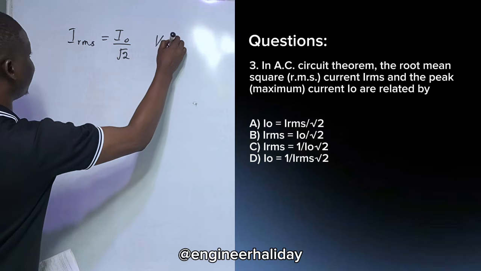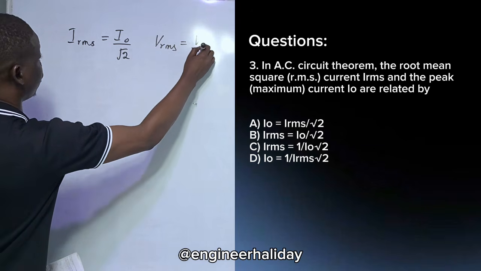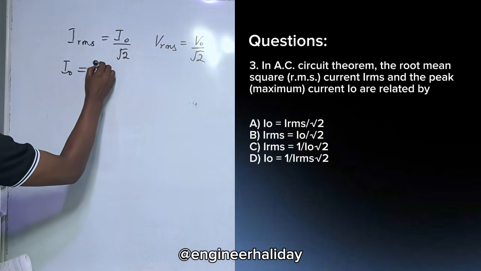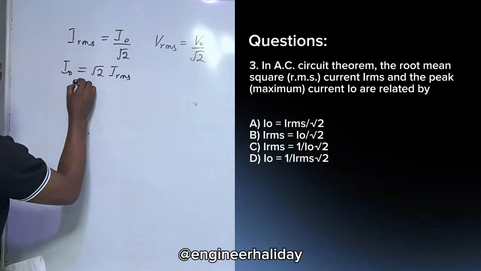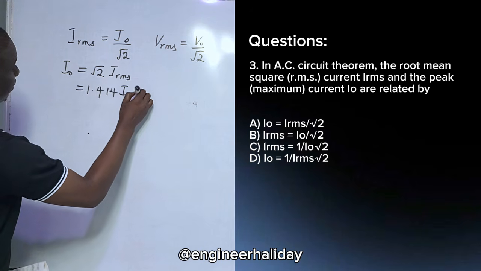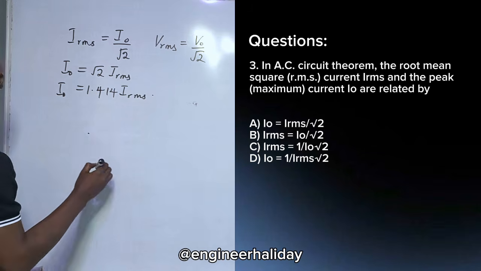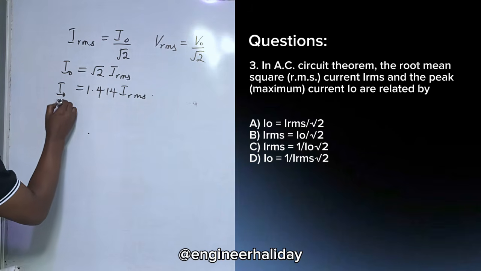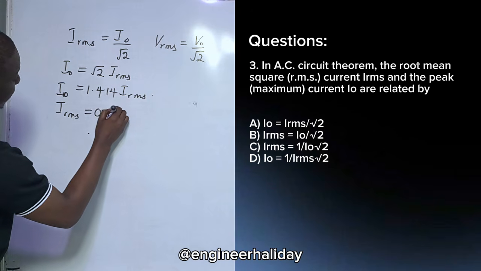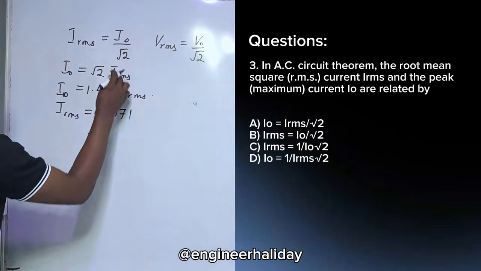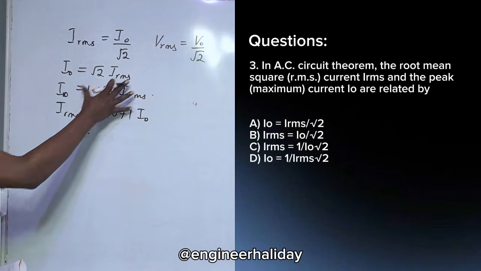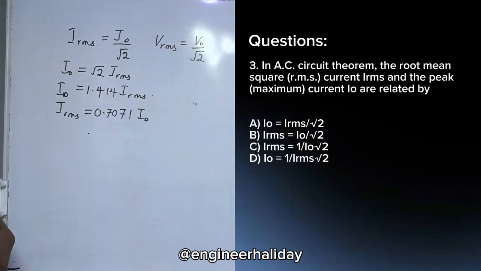Then VRMS is also equal to V naught over root 2. Similarly, we can write that I naught is equal to root 2 IRMS, which is 1.414 IRMS. Also, IRMS is equal to 0.7071 I naught, since 1 over root 2 is 0.7071. So whichever one we are talking about, you can replicate it here without wasting much time.